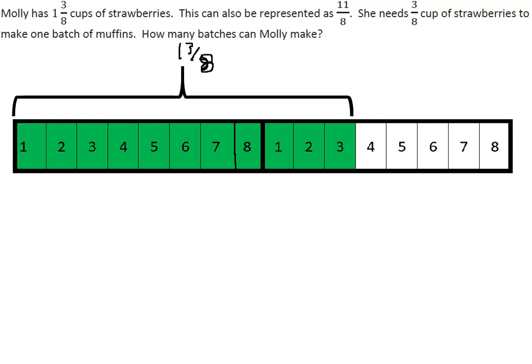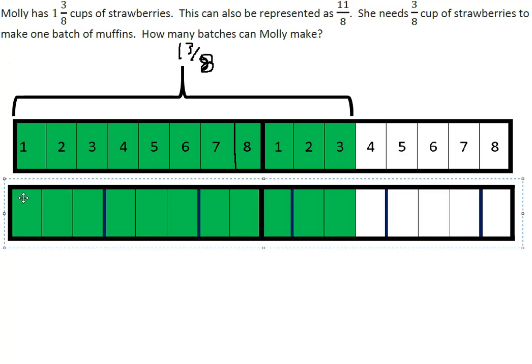Now, the next thing we do is figure out how many strawberries Molly needs for a batch. And it says she needs 3/8 of a strawberry for each batch. So we're going to look and see what 3/8 looks like next. So we're going to divide it into 3/8.